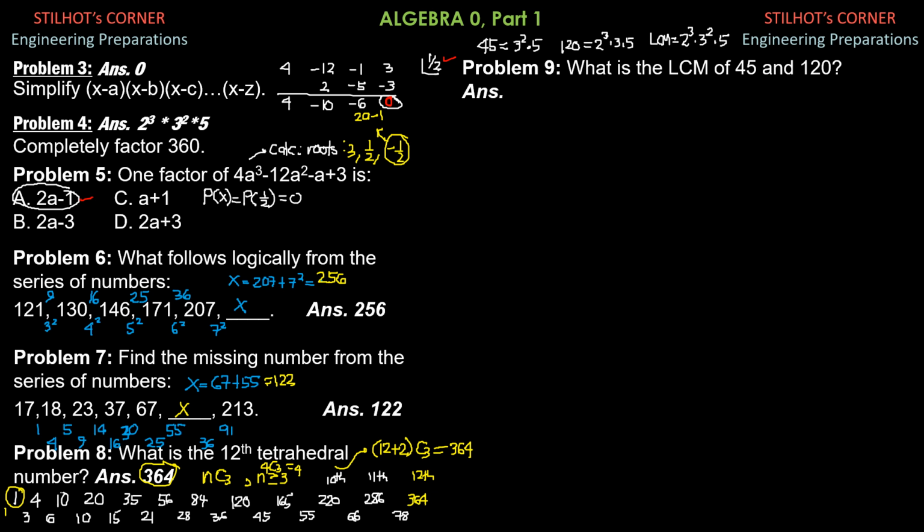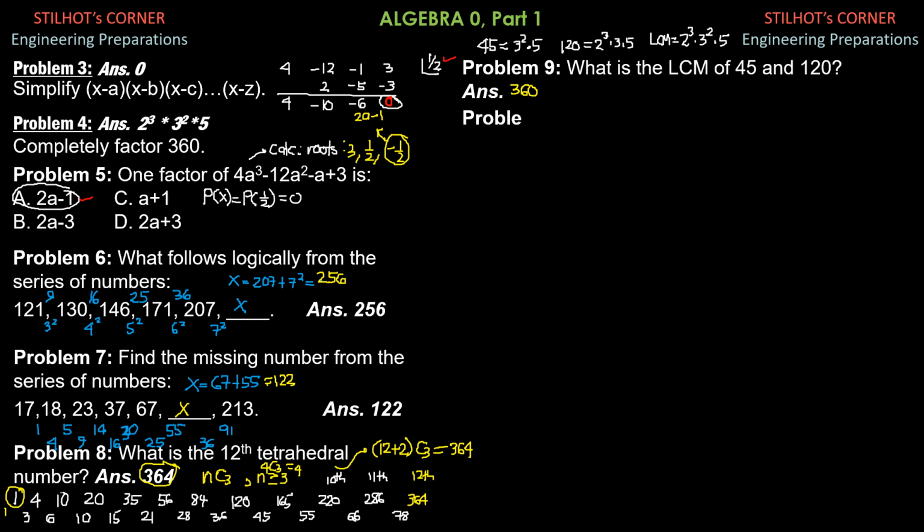So the LCM therefore is 2 cubed times 3 squared times 5, and that's 8 times 9 times 5, and that is 360. So the LCM is 360. So I put the answer here, 360.